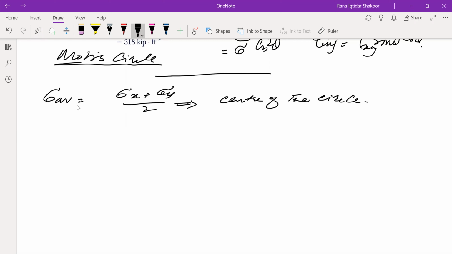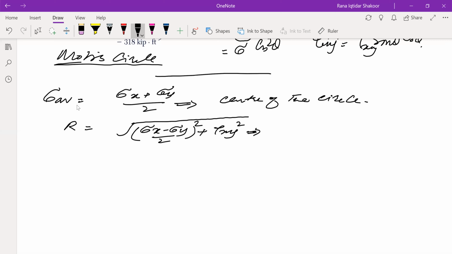The second value that I did was R, and it was the square root of sigma x minus sigma y divided by 2, whole square, plus tau xy whole square. And this defines the radius of the circle, right?